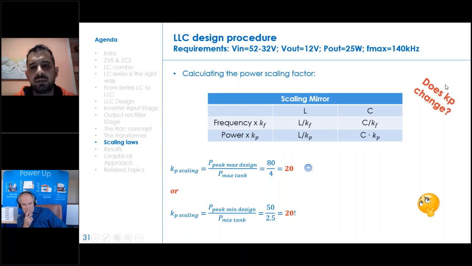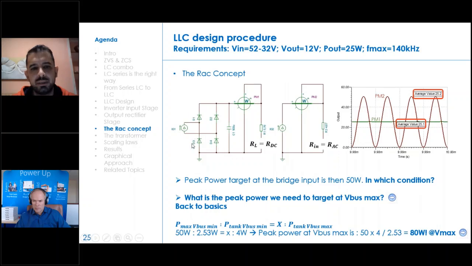The power scaling factor again doesn't change, like the frequency scaling factor. It is calculated by considering the ratio between the maximum peak power at the input of the bridge section. You remember, it is this one. The peak power here at maximum bus is 80.